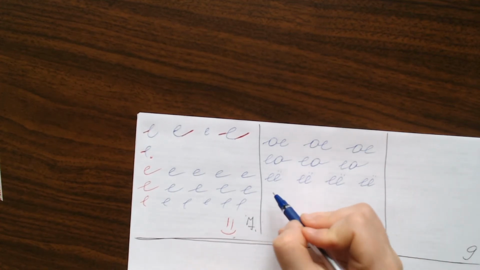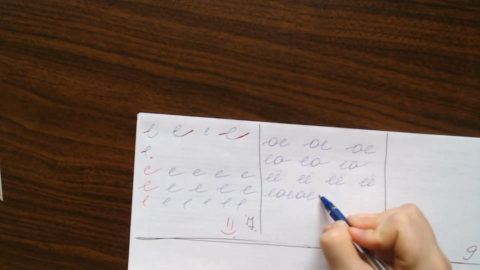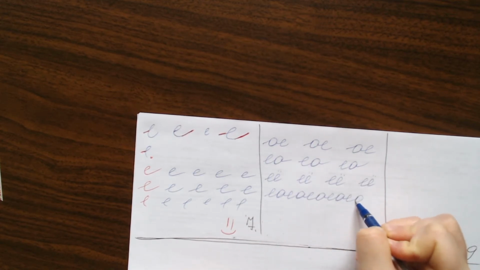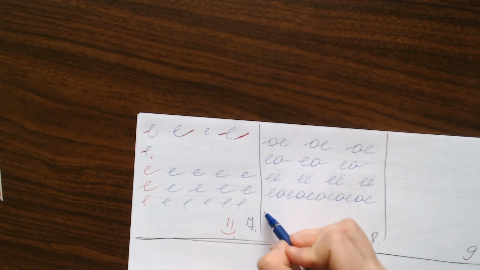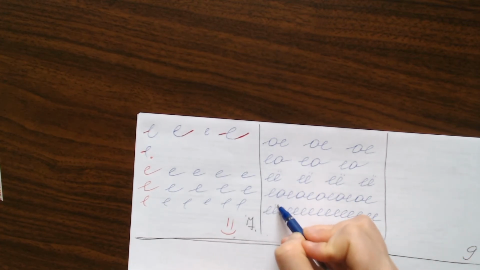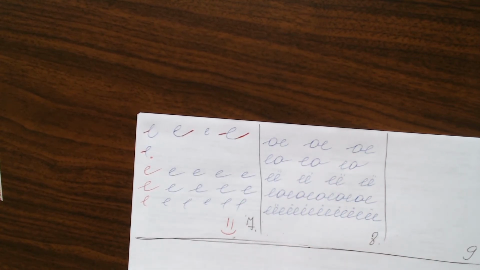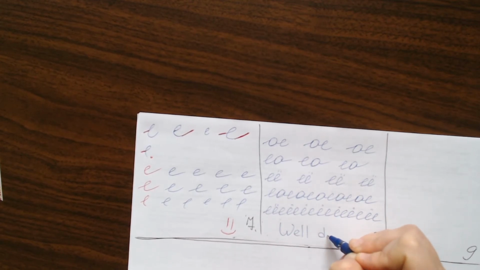So here we have yo. So that's the letter Y, and here we have the letter yo with two dots above. So now let's make the long line of yo. So that's great. Well done.